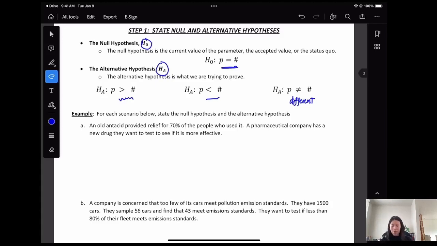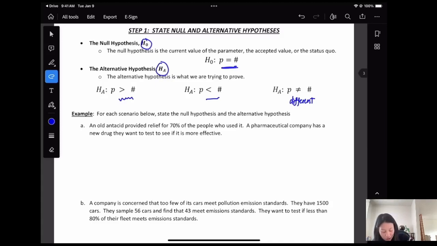So here are some examples. For each scenario below, state the null hypothesis and alternative hypothesis. An old acid provided relief for 70% of the people who use it. A pharmaceutical company has a new drug they want to test to see if it's more effective. Well, what is the current value of the parameter?